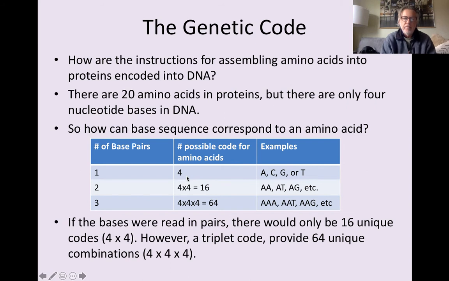Well, that's not enough. So it seems logical to suppose that the bases must be read 3 at a time, because that would give us codes of AAA, AAT, AAG, AAC, etc. And it would give us 64 total codes, which is more than enough to account for the 20 amino acids.